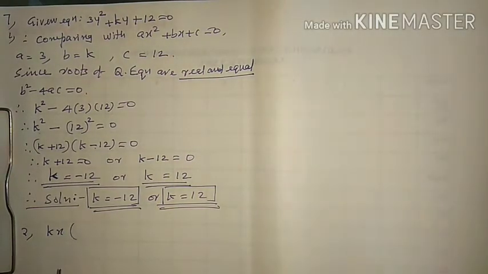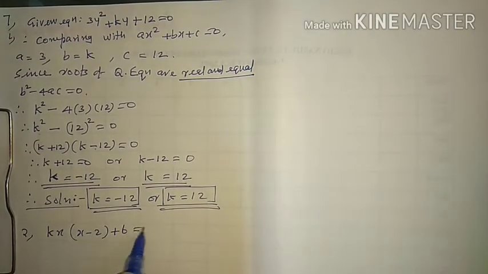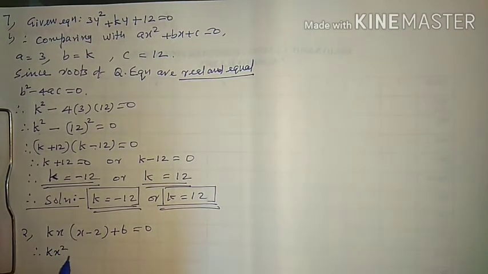This is kx into (x minus 2) plus 6 equal to 0. Therefore, kx into x is kx square minus 2 into kx plus 6 is equal to 0.